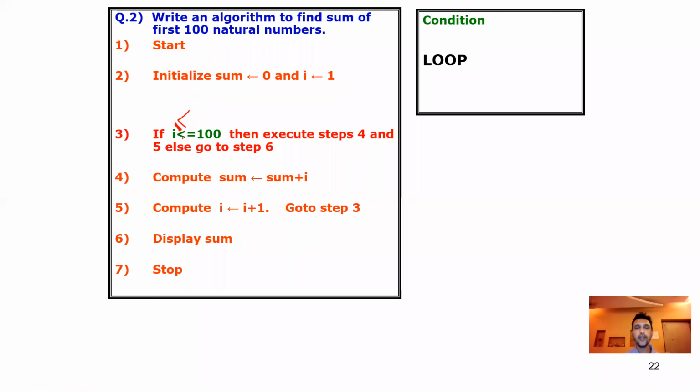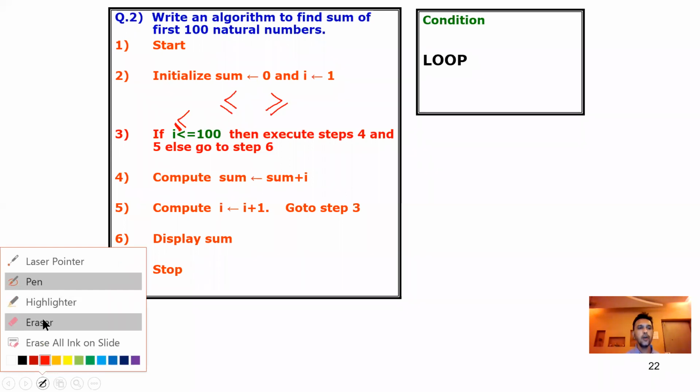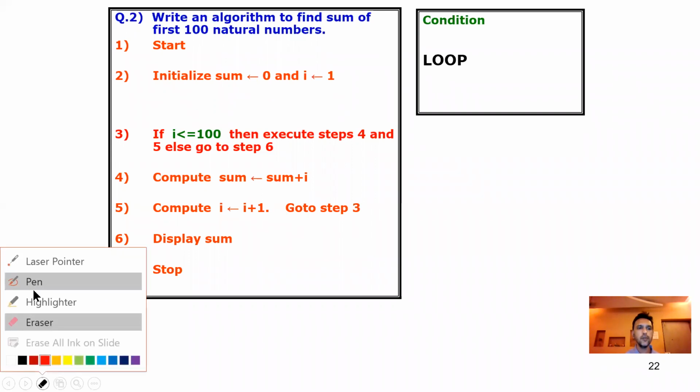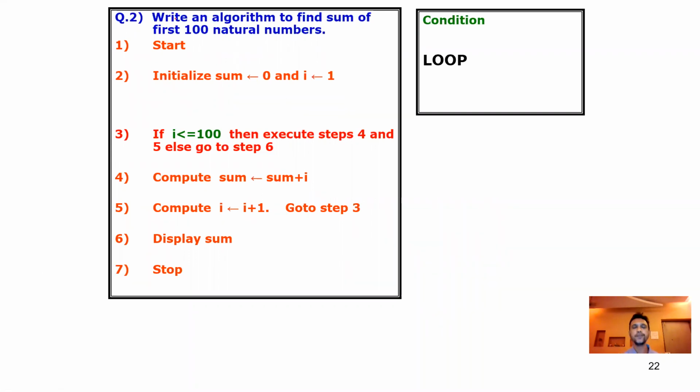In programming, we will write less than equal to like you see in green color. So from here onwards, don't write less than equal to like this or greater than equal to like this. Now, I will explain how this new thing works. Most of the things will be a repetition of what I taught you, so I'll go a little fast because I already taught these things to you.